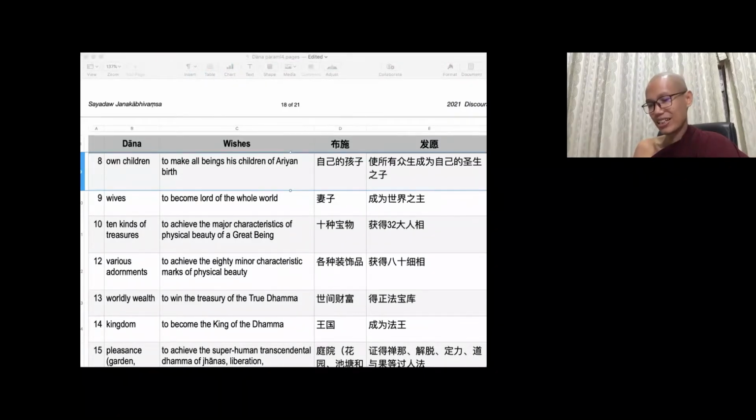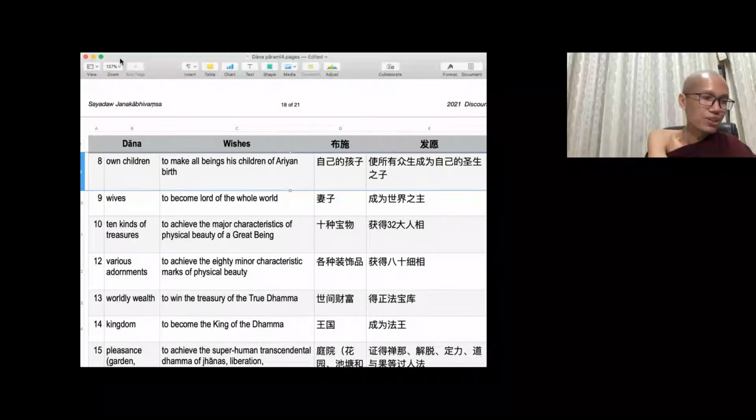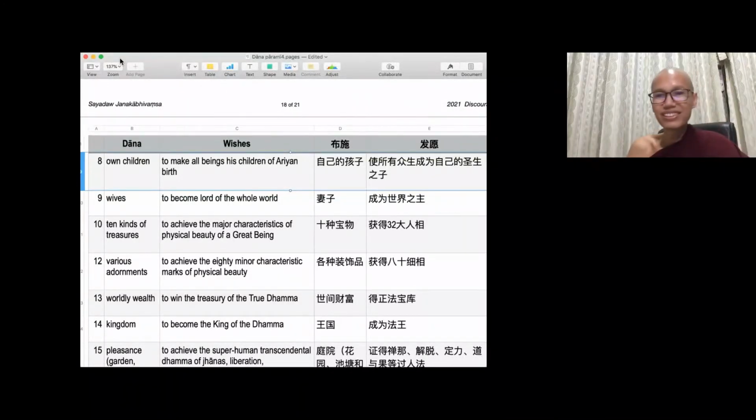At that time the demon said, okay, I wish for Vidura the minister, Vidura the wise man. The king said, oh, I cannot give Vidura, ask for other ones. No, I only wish for Vidura the minister.